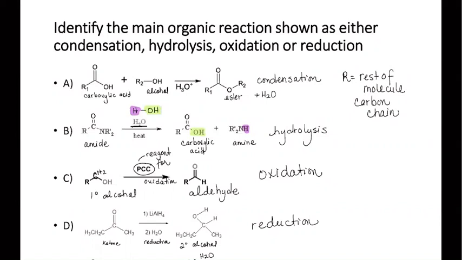And you can see here in the examples that I gave, for example, we have the formation of an ester in letter A. So again, a condensation is when we have two functional groups that come together to make a different functional group at the end. So make sure that you practice with the in-class worksheet.